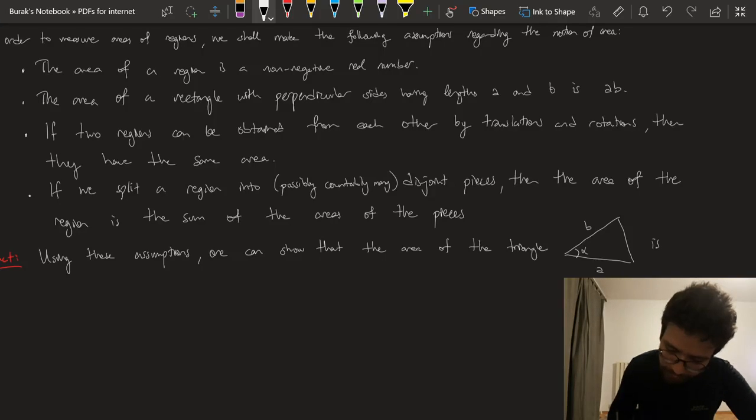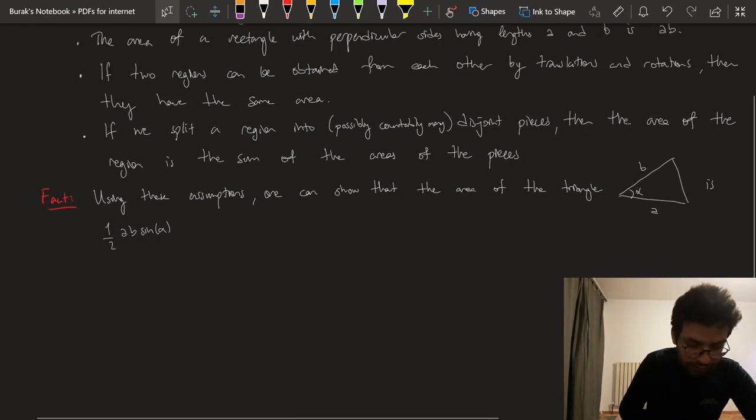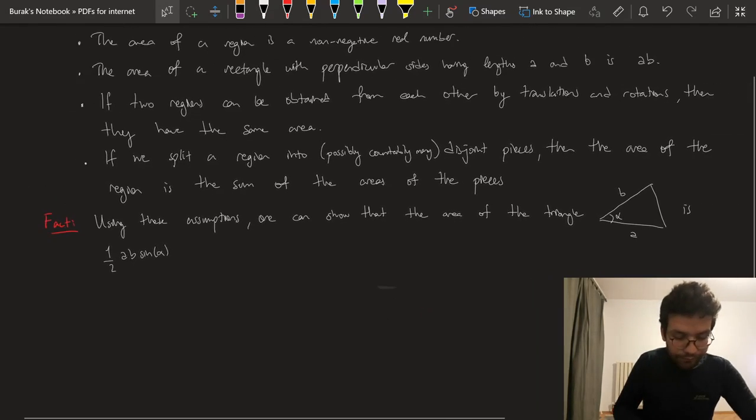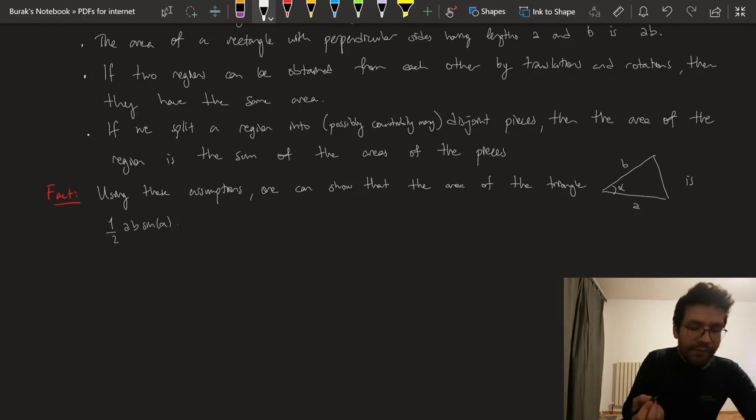You can actually show that this is 1/2 AB sine of alpha. Okay, so you can do this. How? Well, I'm not going to write down the full proof, but let me tell you how the proof is going to go.